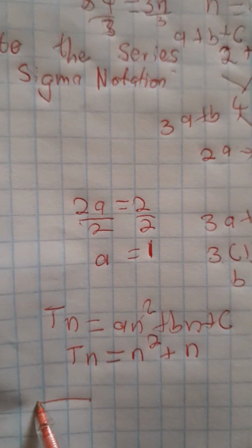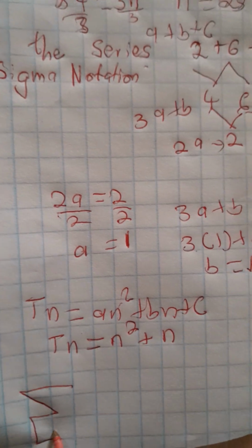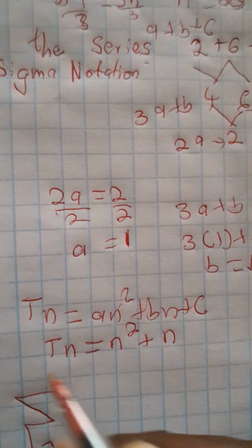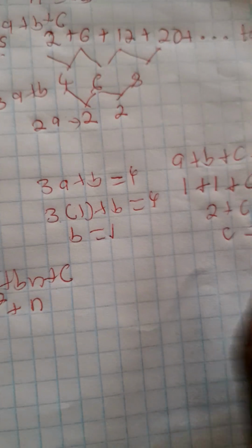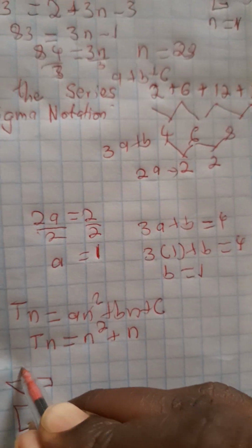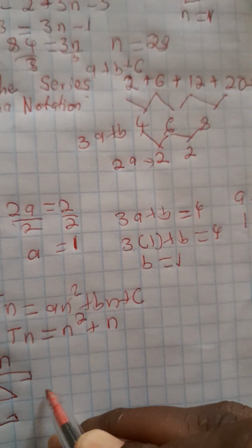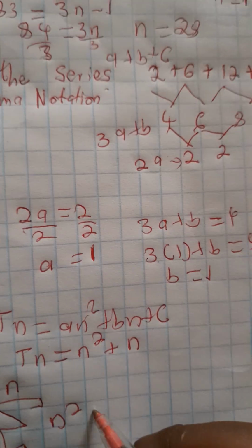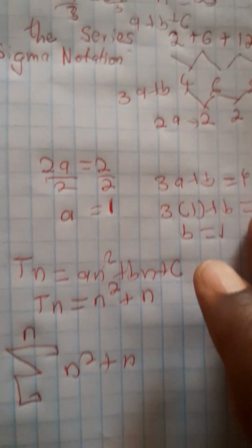So let's see. What we don't know is the number of terms that will be at the end point, or at the last term. They said we have n terms. So the last term here is n, so we should put n here. Then we put the general term, which is n squared plus n.